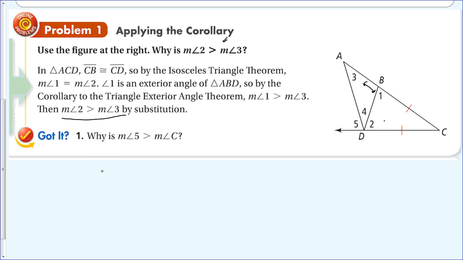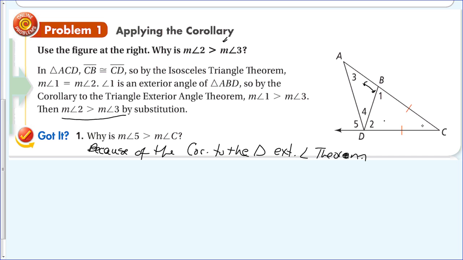It is greater because of the corollary to the triangle exterior angle theorem. A lot of abbreviation there. So we know this is an exterior angle.